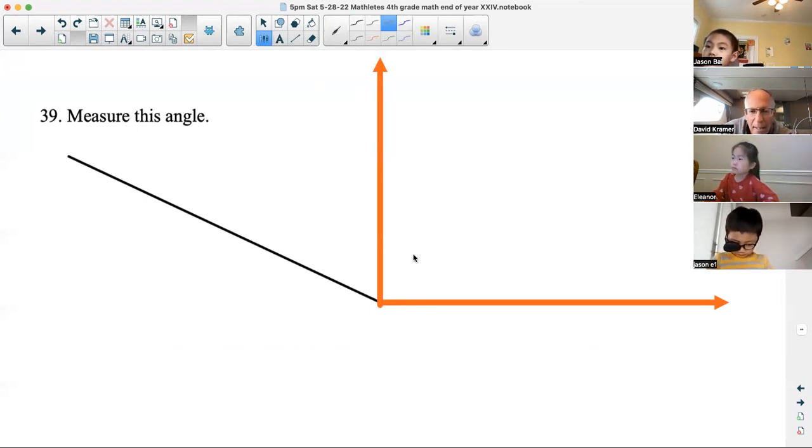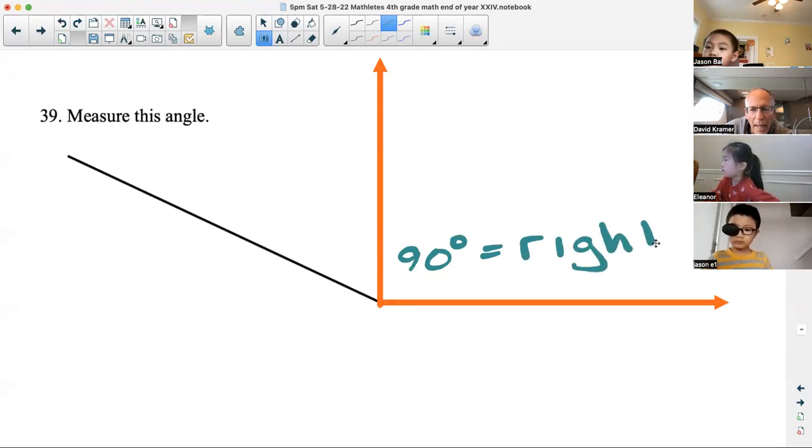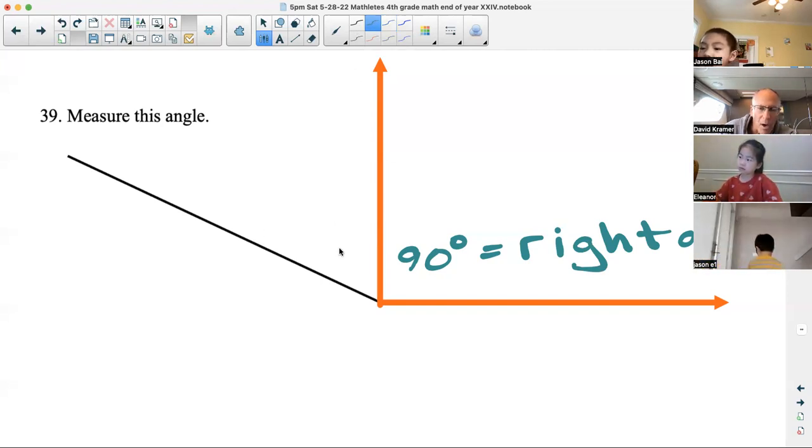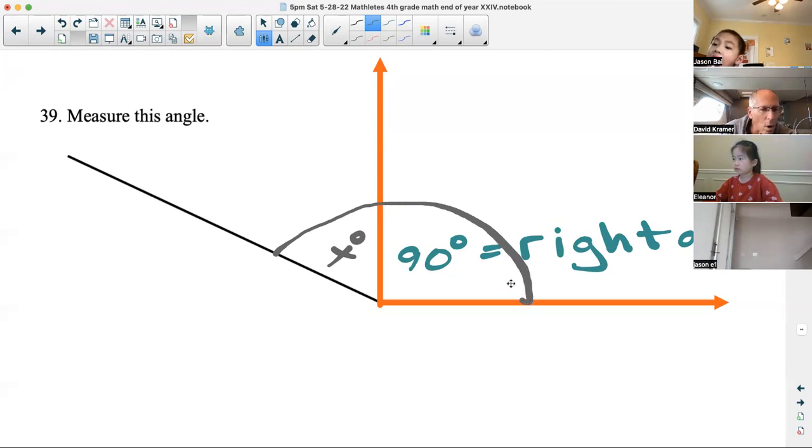And that is a 90-degree angle. We call it a right angle. Now, if I knew the degree measurement of this angle X right here, then I could figure out the measurement of the whole angle.